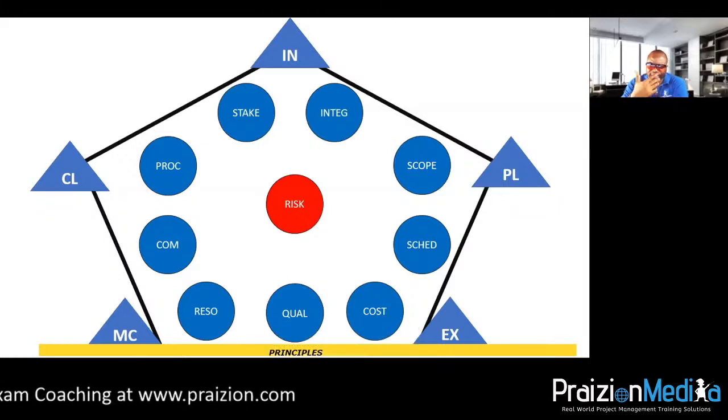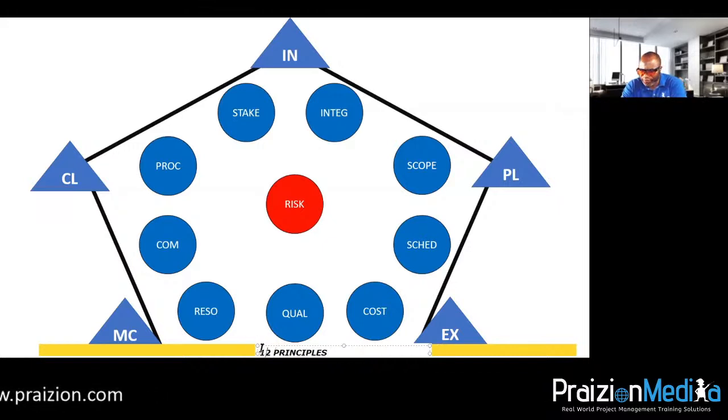So this is how you think about your 12 principles. They are not in competition with process groups. They're not in competition with knowledge areas. They are supportive. Okay, so I will call them 12 supporting principles.